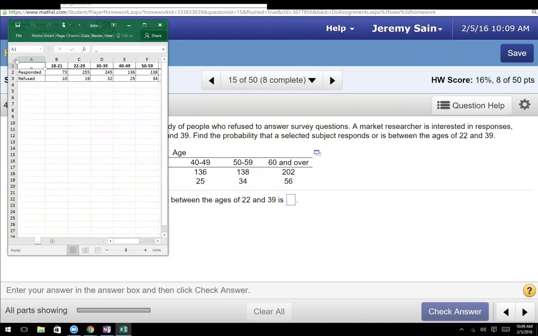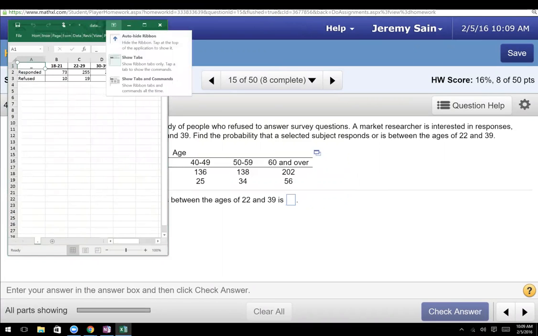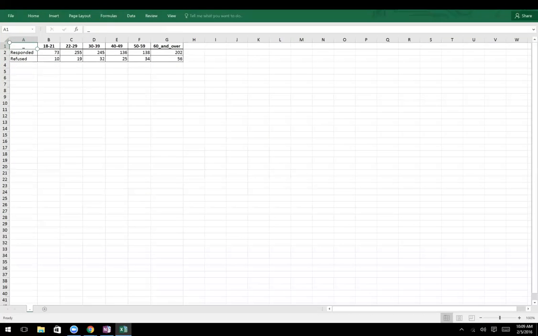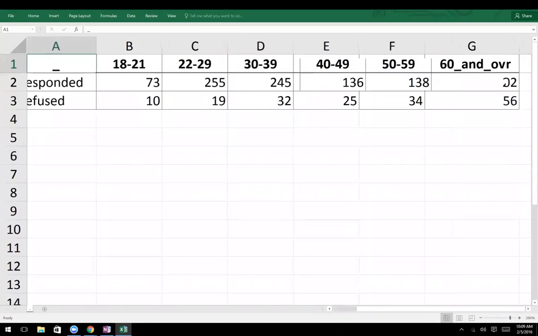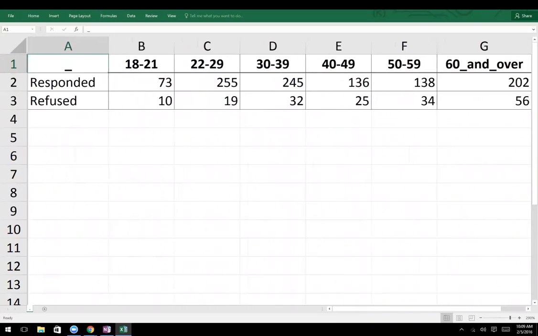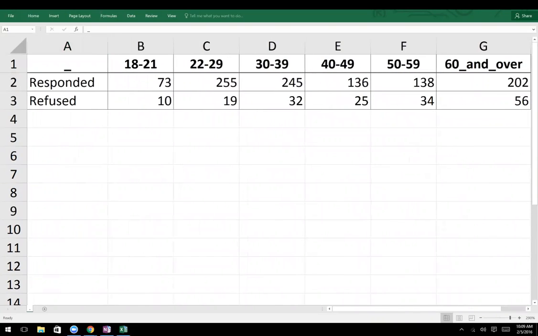Okay, it says we want everybody who either responded or is between 22 and 39, right? So that's not too bad. All we need to do, we need to find how many people responded. So sum of all these people that responded.